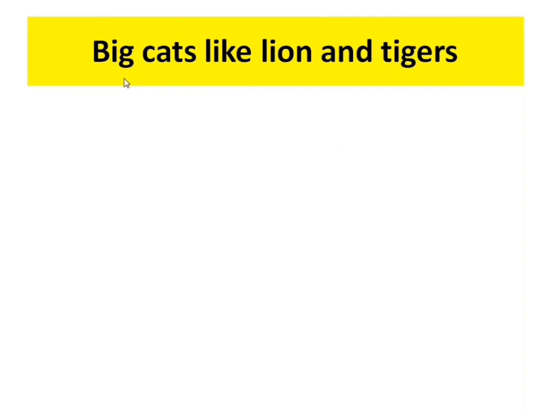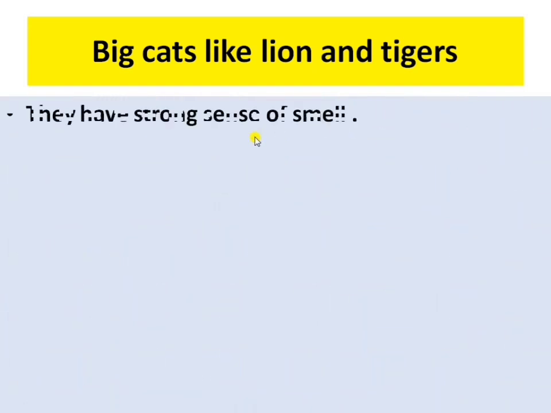Next are big cats like lions and tigers. Lions and tigers have a strong sense of smell which helps them to locate their prey.